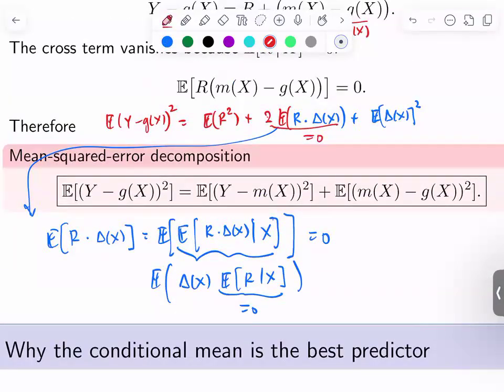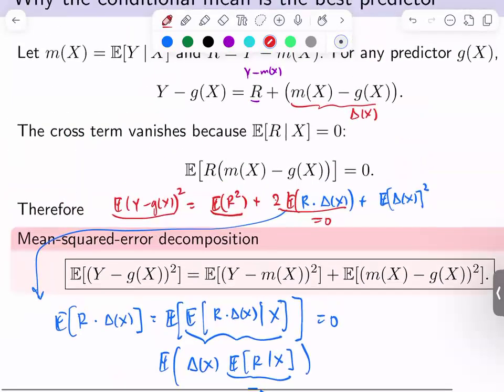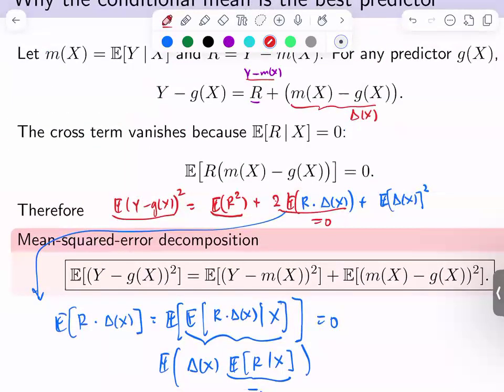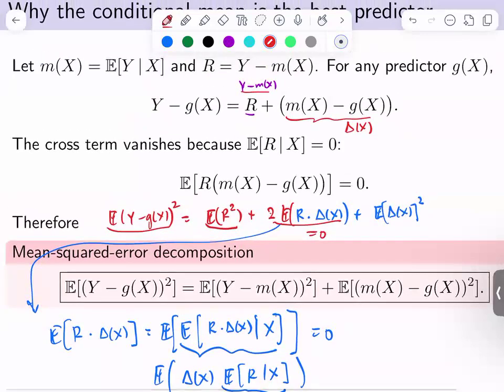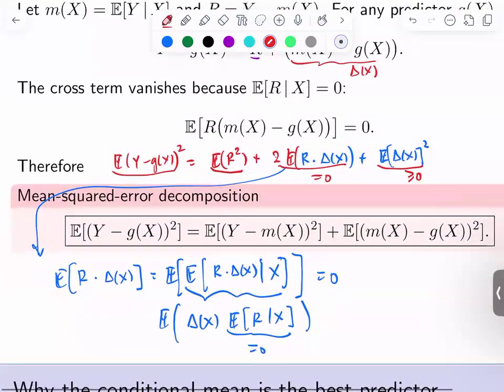Now you see what happens. This is the prediction error of g of x: it is the prediction error based on conditional expectation plus something which is non-negative. This is always non-negative because it is the expectation of something squared. So we proved this identity: the expectation of (y minus g) squared equals the expectation of r squared, the prediction error of the conditional expectation, plus a term that is always non-negative.